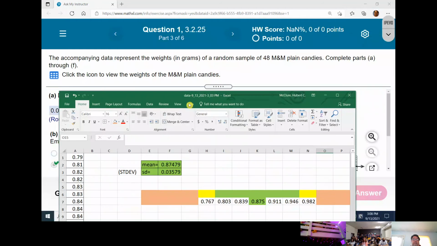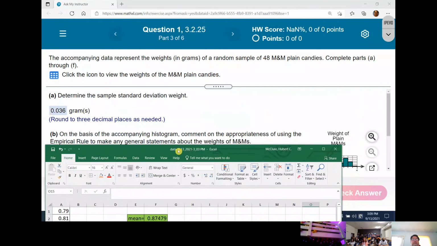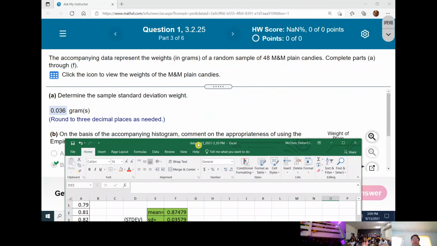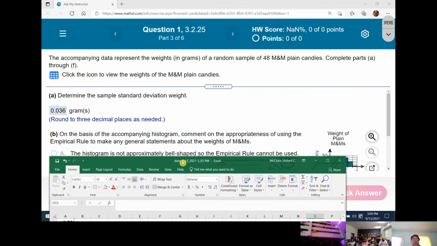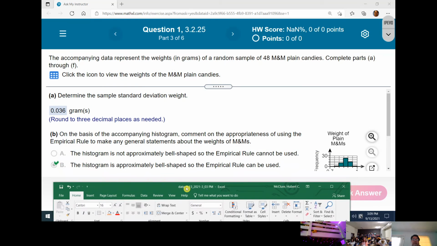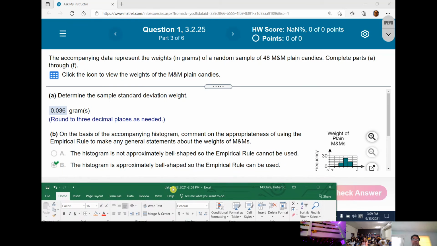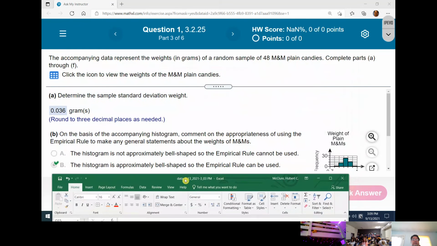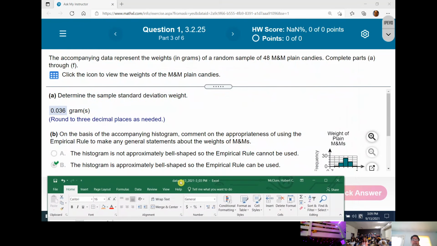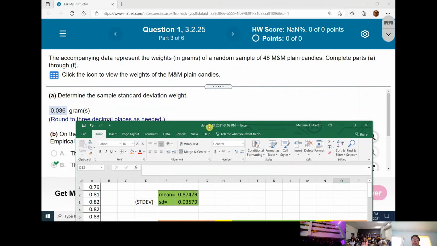We got that. Based on the histogram, a company considers the appropriateness of using the empirical rule to make a general statement about the weights, which are bell-shaped. Let's see what else it asks.